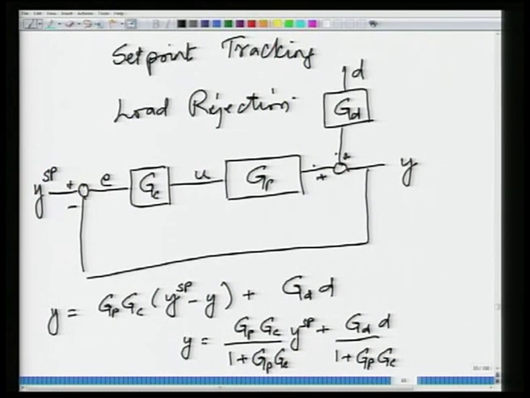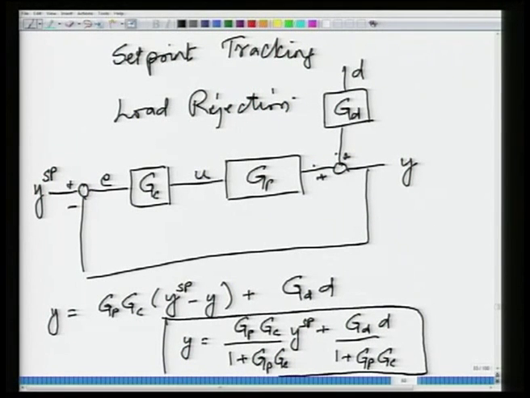So, how does Y depend on a change in Y set point or on a change in the disturbance D? Well, this is the equation that shows that dependence.